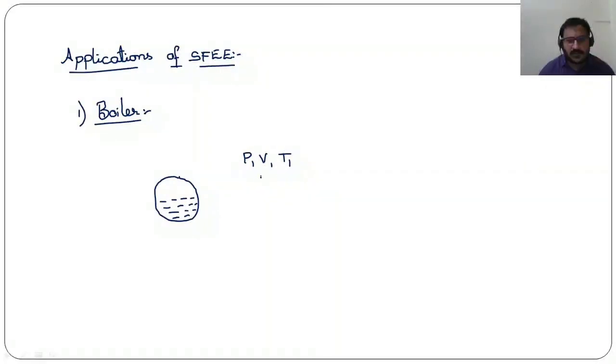Because of temperature this will have some internal energy, and we know that when there is internal energy and pressure and volume for a system, then H is equal to U plus PV. So initially this water possesses certain enthalpy, that is H1 we are considering. So the water enthalpy is H1.